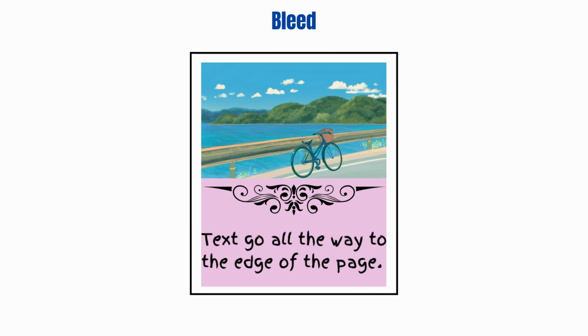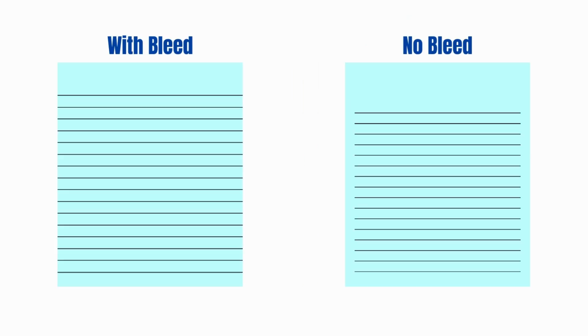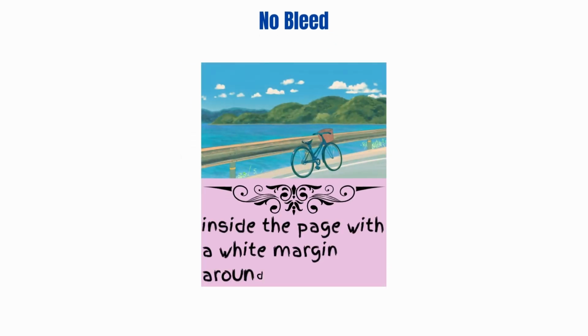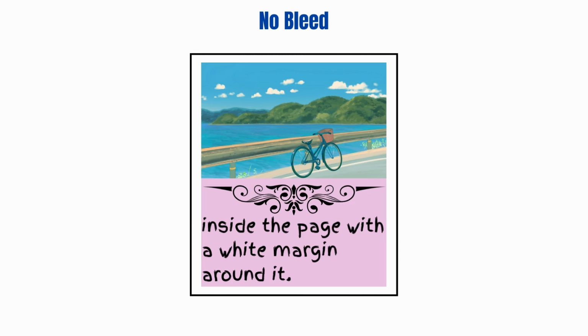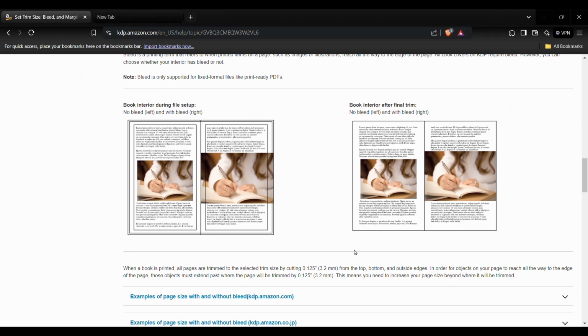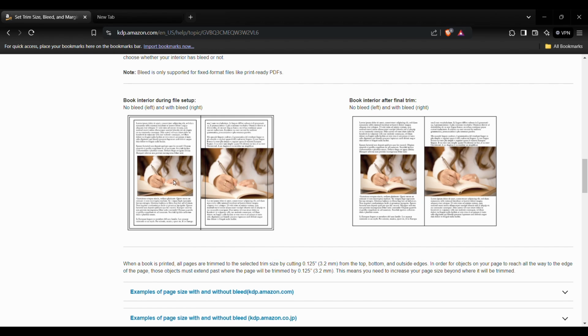No white border will be around the edges after the book is printed and trimmed. No bleed means that your content always stays inside the page with a white margin around it. Nothing will reach the very edge of the paper. I hope the topic is clear.